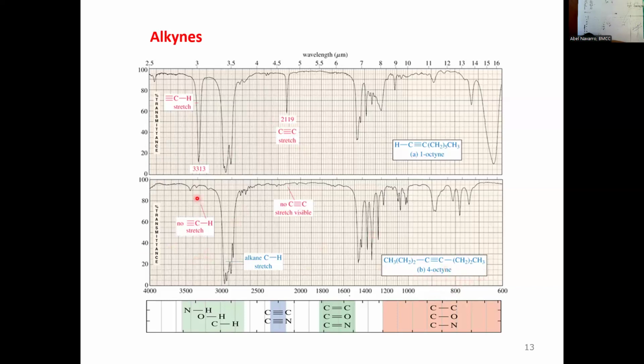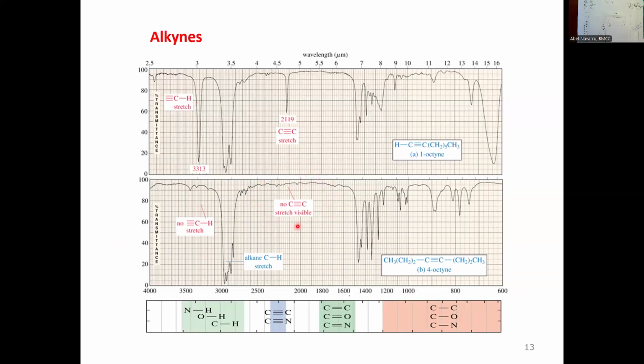They say, like, what happened, professor? I see no peak here and no peak here. Why? Well, first is because the alkyne is internal. If the alkyne is internal, we are not expecting to see CHs because there is no CH, right? So there is no CH triple bond. So nothing here. Now, the big question is, why is there nothing here?